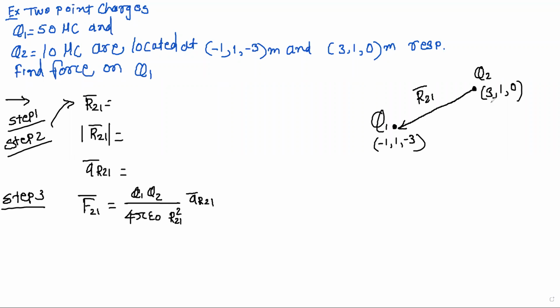Okay. See, what we are doing here is subtracting the end coordinates. So 3 minus of minus 1, right? So 3 minus of minus 1.